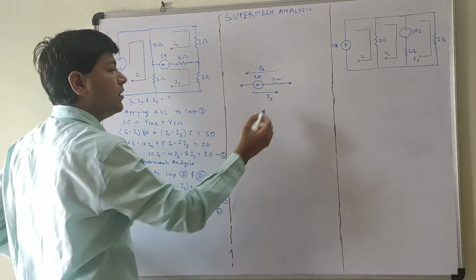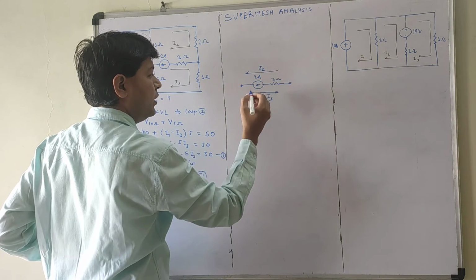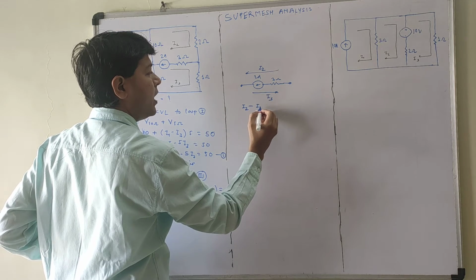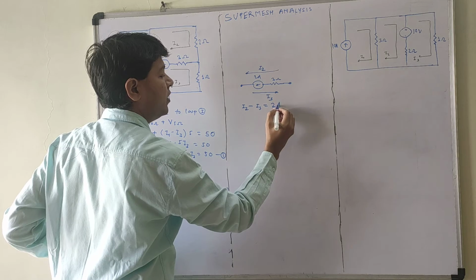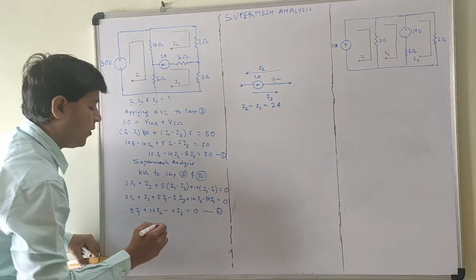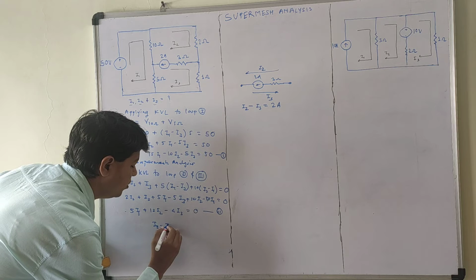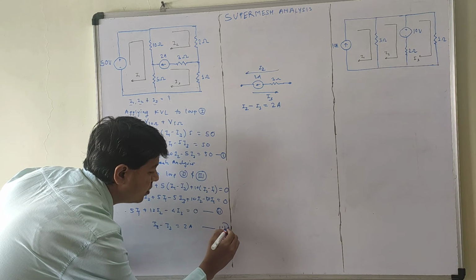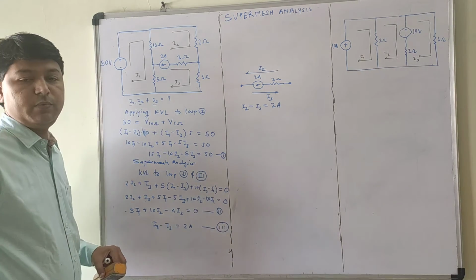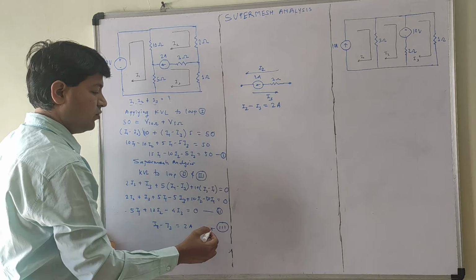The current flowing through this 2 ohm resistor is I2 opposed by I3, and its value is defined by the current source, that is 2 ampere. So the third equation becomes I2 minus I3 is equal to 2 ampere. So we have equation 1, equation 2, and equation 3.